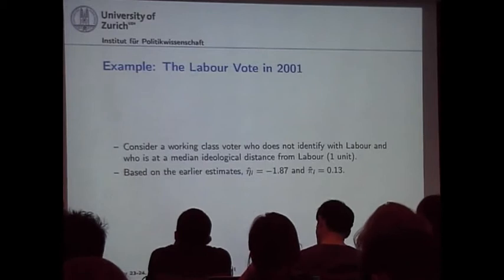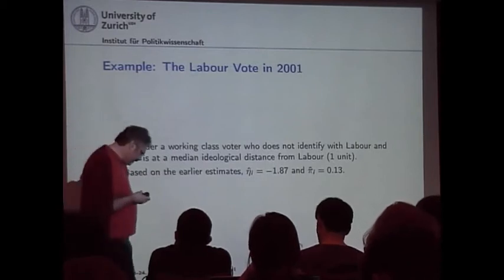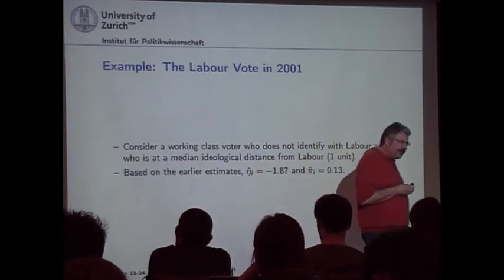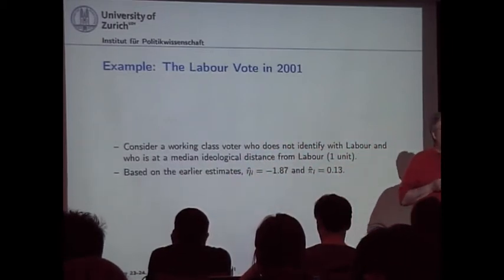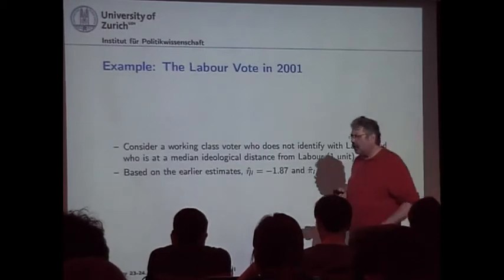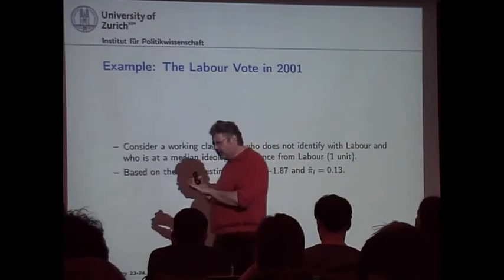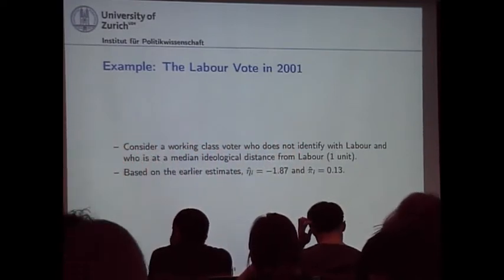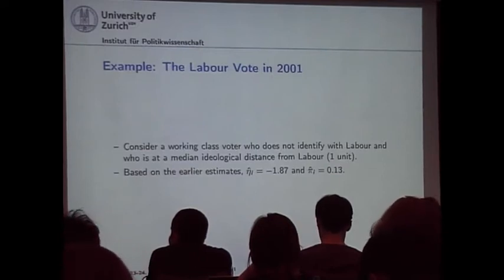Now, with these predicted probabilities, the thing to keep in mind is that they depend on everything that's in the model. They depend on every single predictor in the model and also the value of these predictors that I choose.